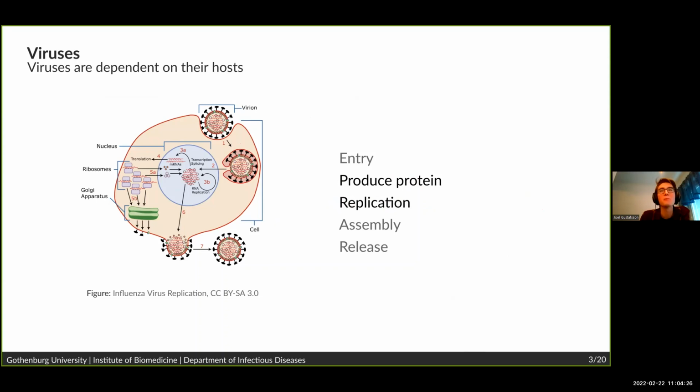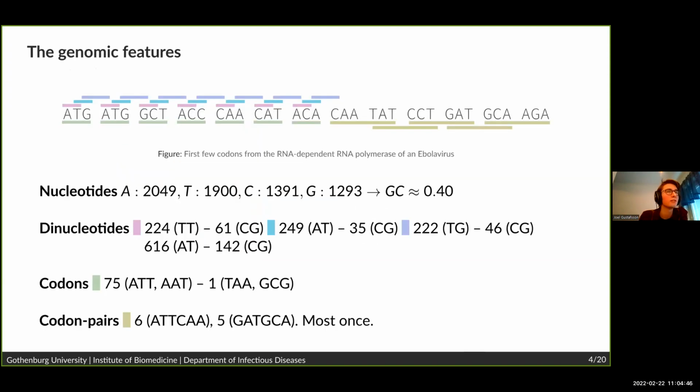And we think that this is important on the genome level, because there are a lot of indications that some specific genomic features are important for the host's cellular environment. For instance, nucleotide content might be important.